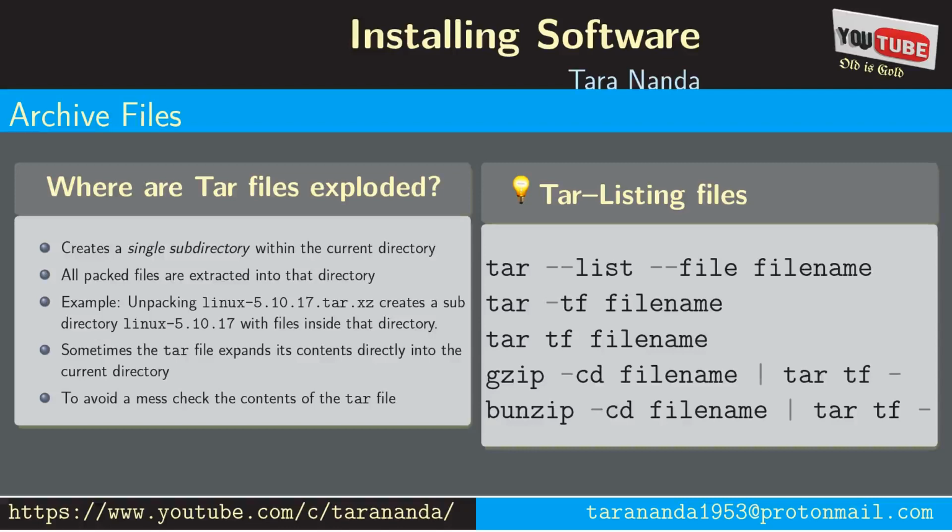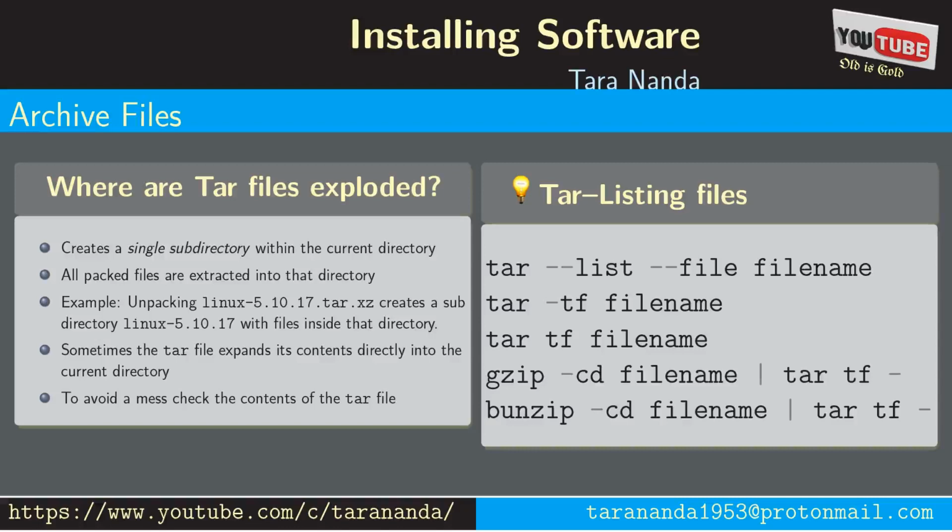For example, the Linux kernel tarball is called linux-5.10.17.tar.xz, which is one of the latest versions, version 5.10.17.